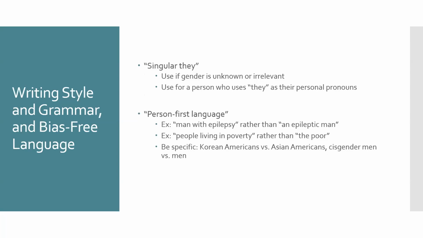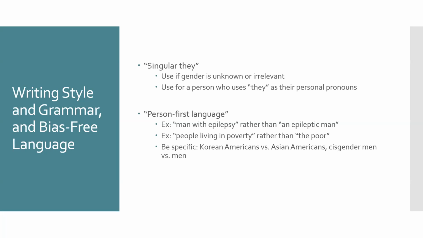Awesome. So one big thing that APA 7th edition changed from the 6th edition is a couple things of grammar and style and bias-free language. Specifically, APA does recognize the singular they if the gender of your participants is unknown, or irrelevant, or if it's someone who uses they as their personal pronouns. Additionally, APA wants you to use person-first language.